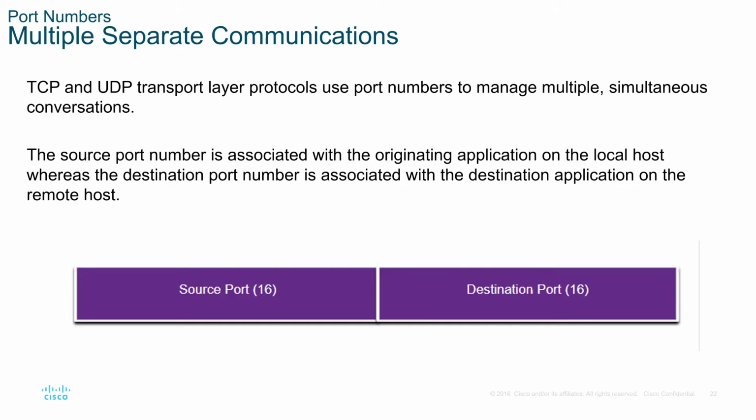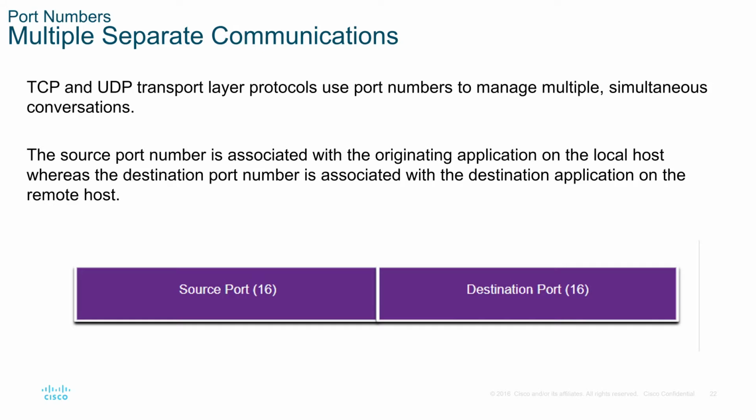The source port number is associated with the originating application on the local host, whereas the destination port number is associated with the destination application on the remote host. In most cases, if we are the originating requesting host, the destination port will be either a well-known port or a registered port.